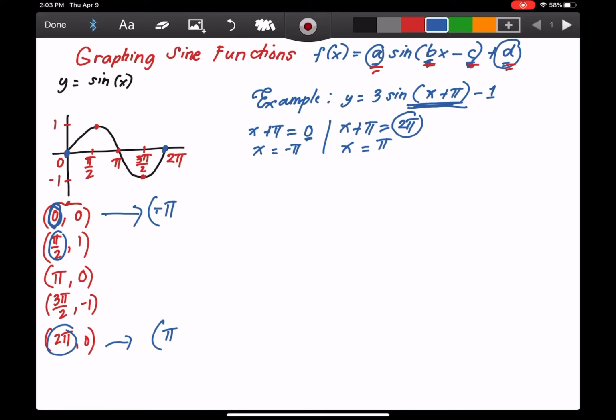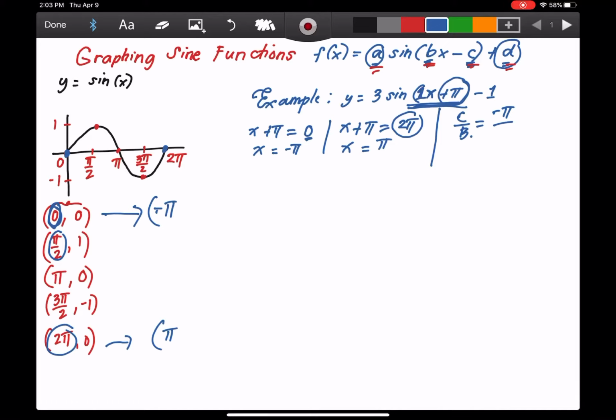Okay, that's one method. Second method, you can just use the phase shift, that is c over b, to know where to start. You know that your c is negative pi. That's not positive because the form is minus c, so it's negative pi over our b here, which is equal to 1. There's 1 here, right?